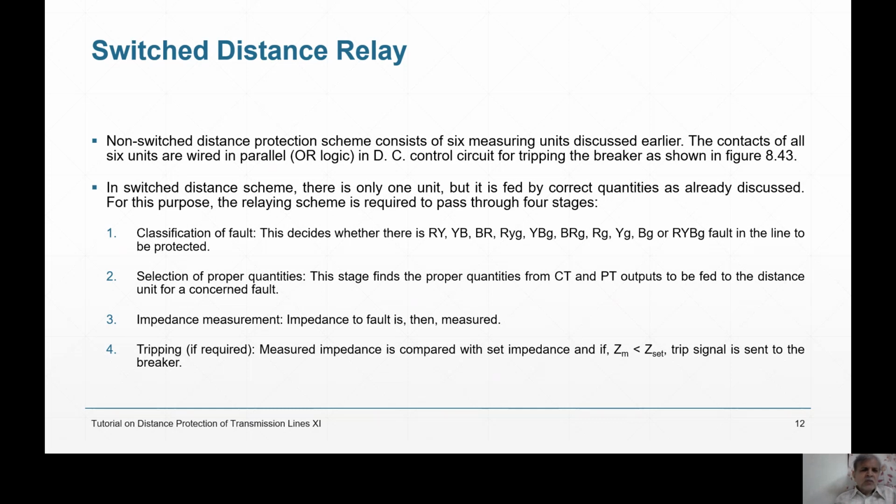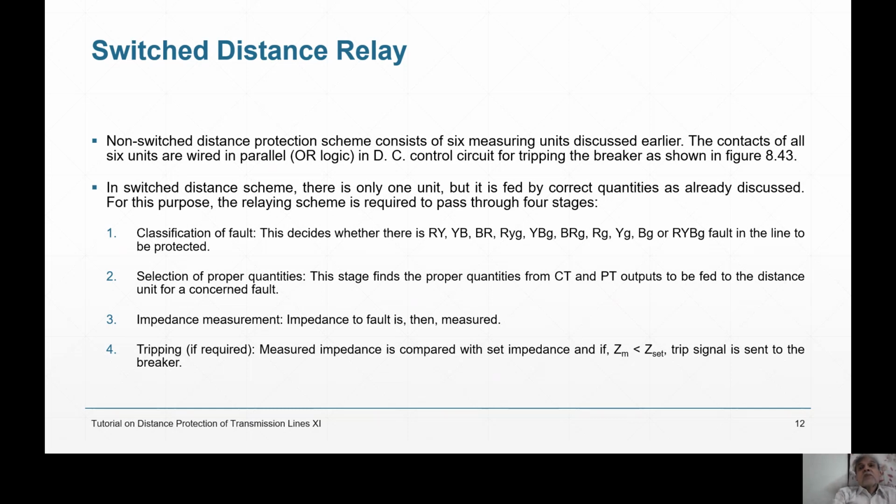Not very difficult, no? In whichever phase the fault occurs, the current is going to increase and the voltage is going to collapse. In the phase where there is no fault, the current will not increase and the voltage will not collapse. So classify the fault.